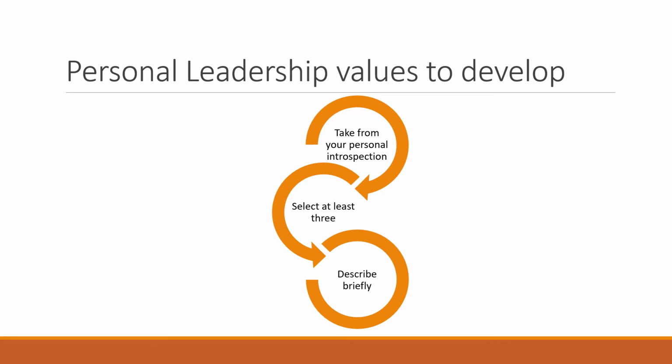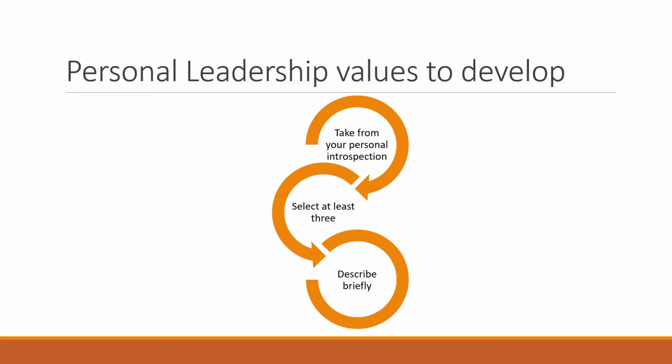The first one is your personal leadership value to develop. What are you going to do? You're going to take from the personal introspection you have just done and write down at least 3 of these personal leadership values and skills, or both of them. Or maybe you can write down a leadership value, and then you write how you translate it to a skill you have to develop.